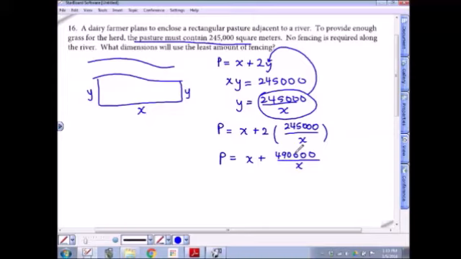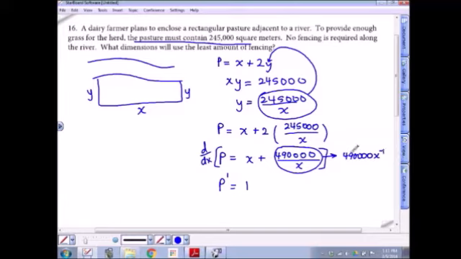Once it's in terms of all the same variable, you can take the derivative. So we're going to take the derivative with respect to x. So we're going to get P prime equals 1. Now, this here might be easier to move the x up to the top and think about it as 490,000 times x to the negative 1.